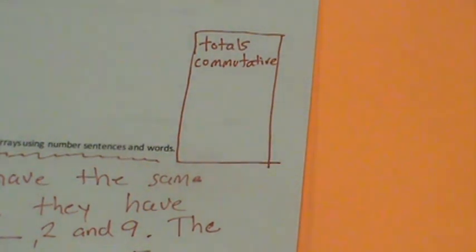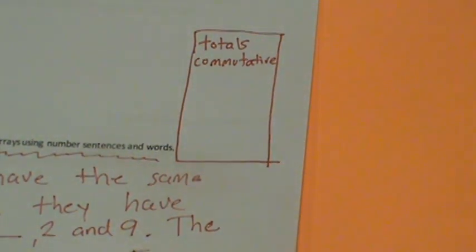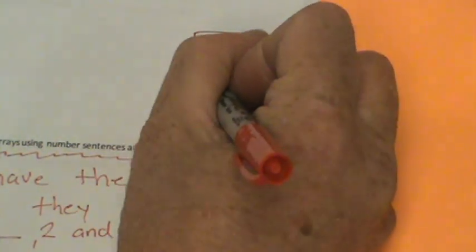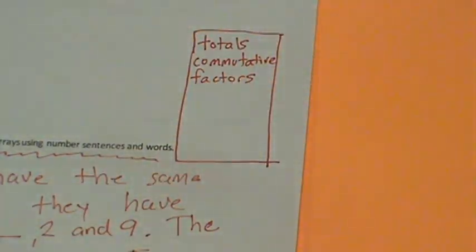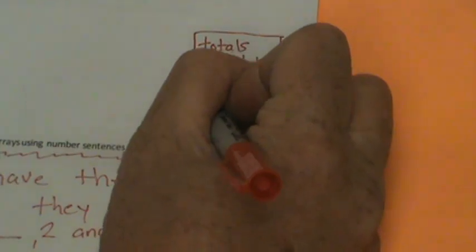There we go. Commutative. Another word we have is factors. And we'll go with the number 9.